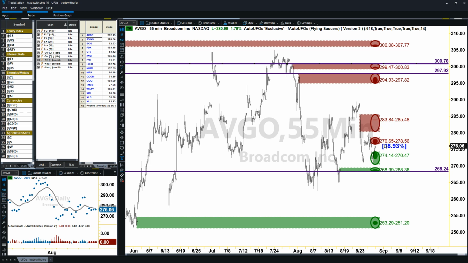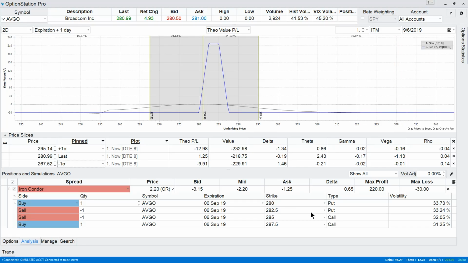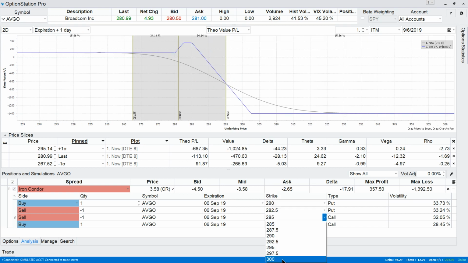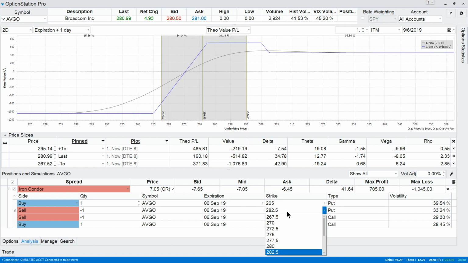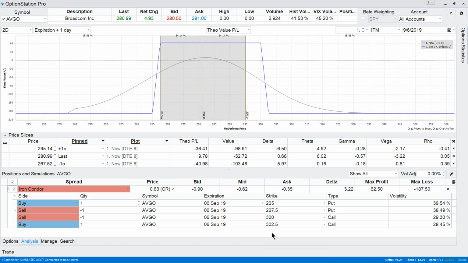If we miss it, it may not be possible to do, because if the market falls down again, the 300 may be less than 25 cents and we may miss it. So that's why I want to have everything ready, and therefore I'm going to do 302, 300, and then 265, 267.5, which would be my strikes.